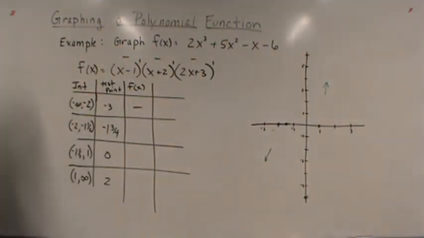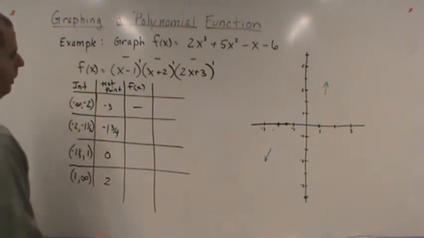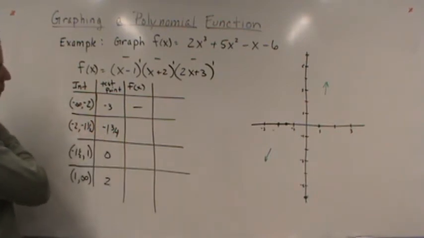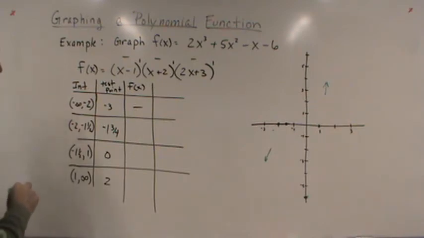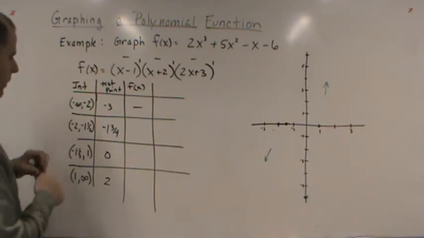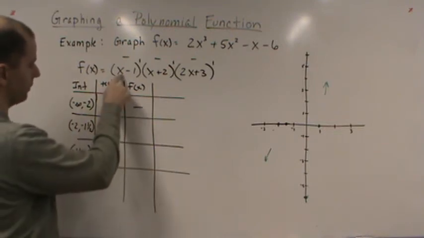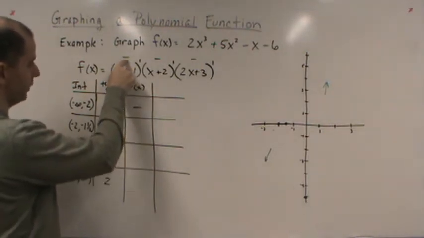Now if you want to plot these points, you can put them in there like the textbook does, but it's not always necessary to do that. Now I'm going to stick in this one. If we put in negative 1 3/4, negative 1 3/4 minus 1 is still going to be negative.